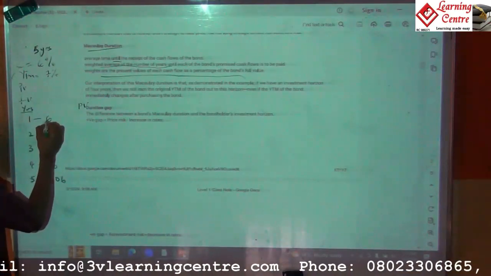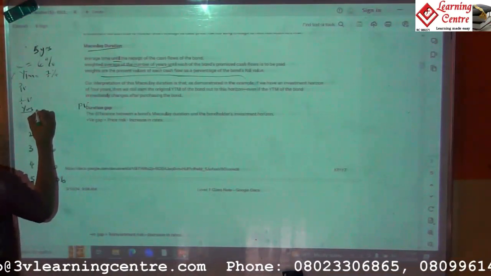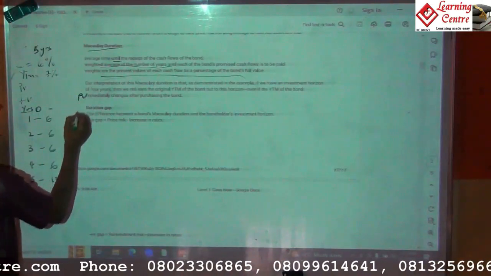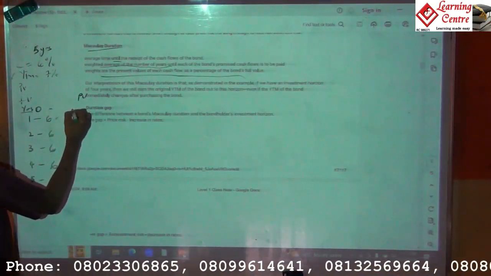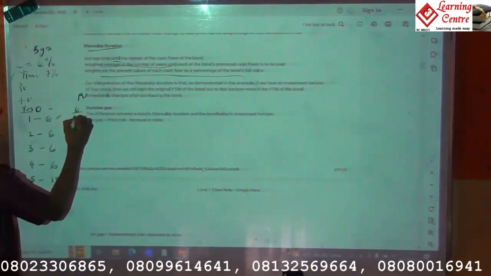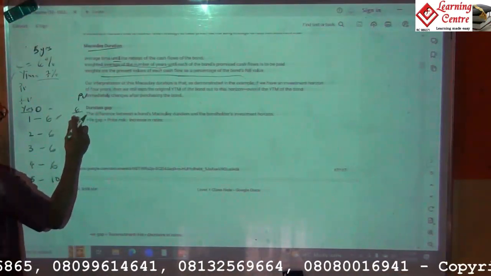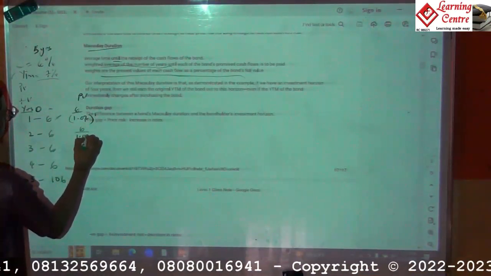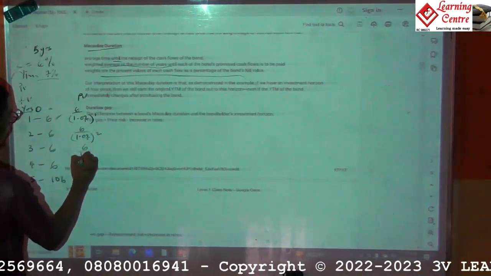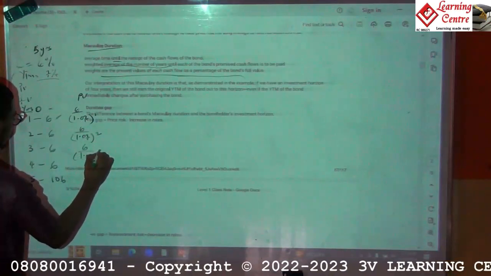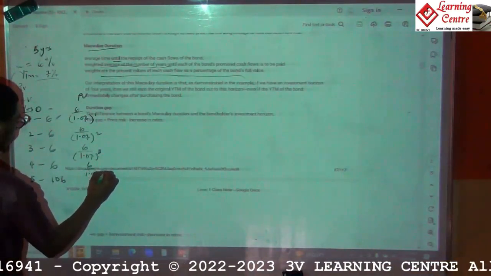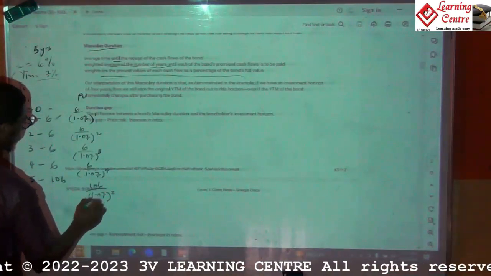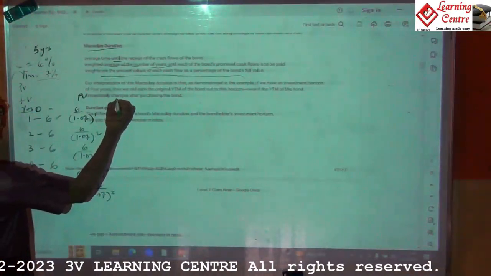We start with year 1: discount 6 by 1.07 to the power 1, 6 over 1.07 to the power 2, 6 over 1.07 to the power 3, 6 over 1.07 to the power 4, and 106 over 1.07 to the power 5. So this is the answer. Present value.